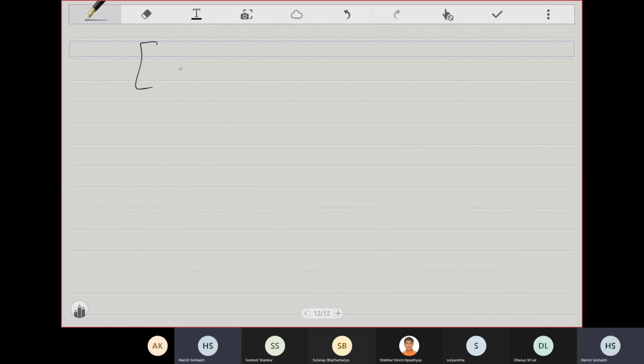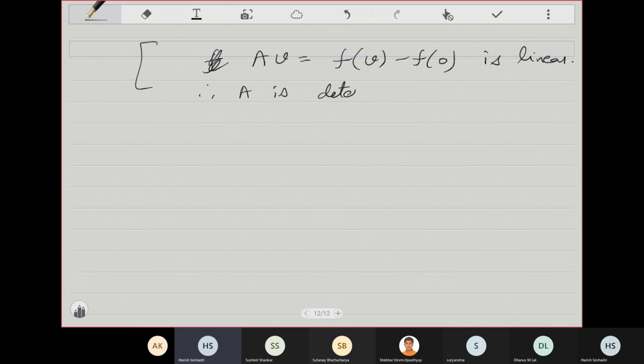The reasoning behind it is f of v minus f of 0, so what I called A of v, is linear. Therefore, A is determined by A v_1, ..., A v_k. If I know its action on any basis, I know what A is.